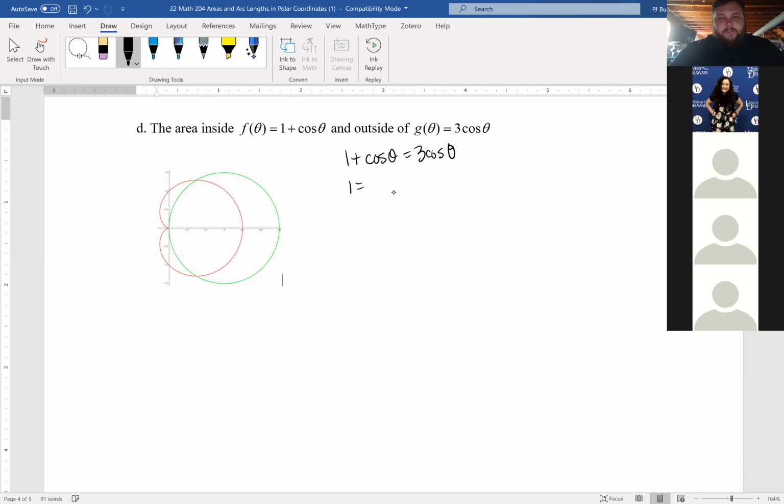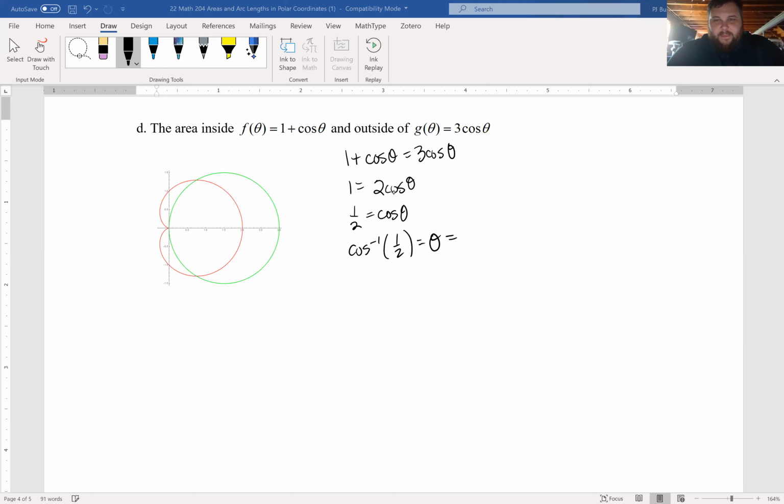So I'm going to get 1 equals, I would subtract the cosine to the other side. So question is, what are those angles? And to save some time, I'll give them to you. So they appear to be pi over 3 and 5 pi over 3.